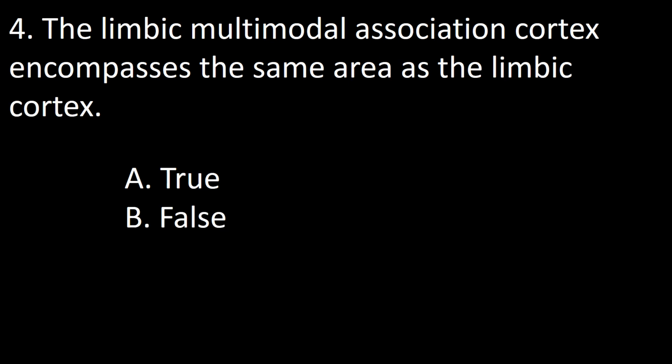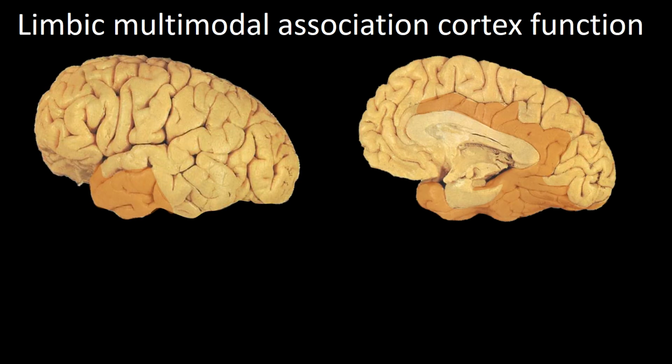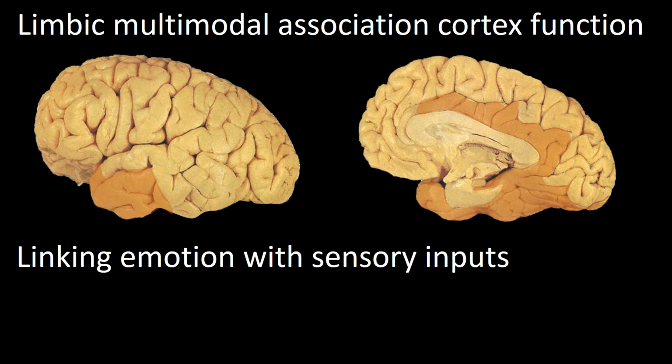Next question. The limbic multimodal association cortex encompasses the same areas as the limbic cortex. A true, B false. The area of the brain shaded in this frame represents the limbic multimodal association cortex. The function of this cortex includes linking emotion with sensory input, learning, and memory.